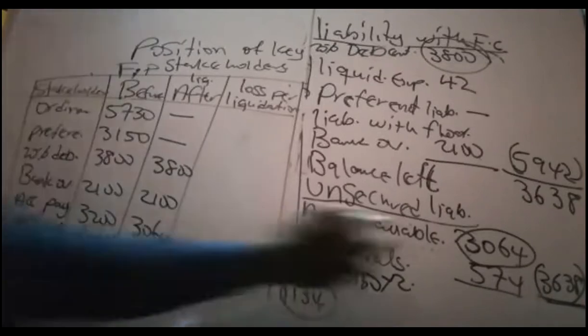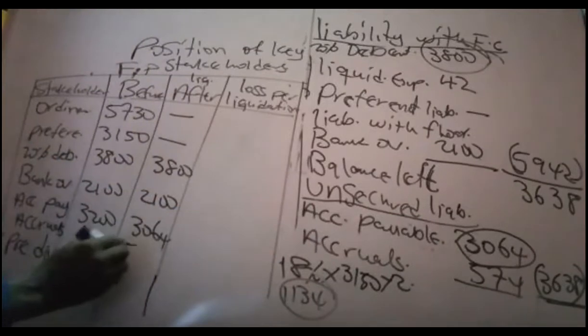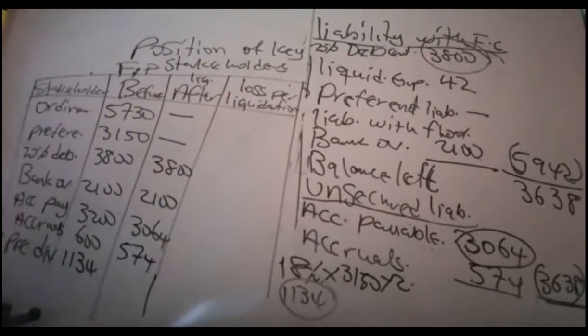Accruals, we give them 574 instead of their 600. Preference dividend, their name did not even appear on the list to receive even 1 Ghana cedi. So nothing was given to them.